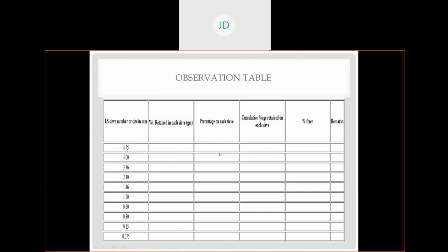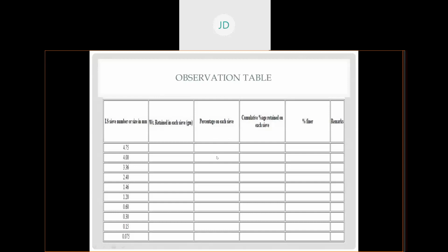This column represents the percentage retained on the individual sieve. Suppose 10 gram is retained here; how much percentage will it come to? Say 10% of the total soil is retained here.